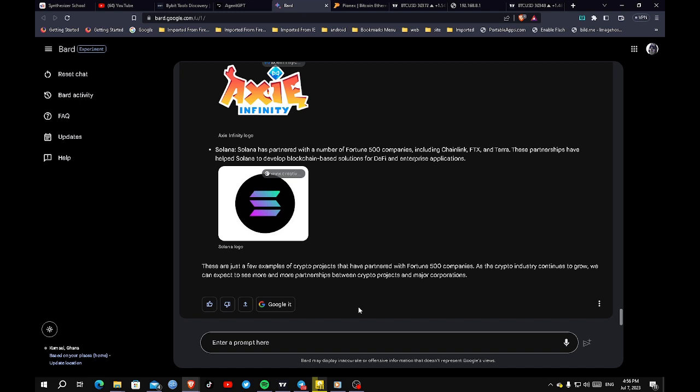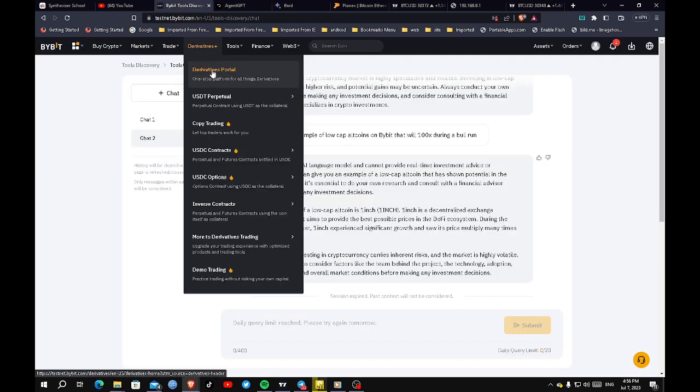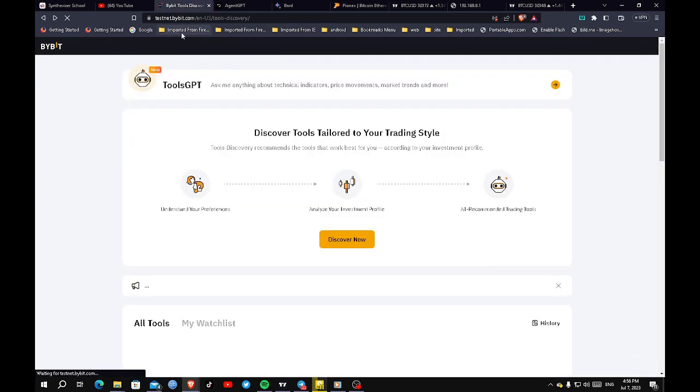And you can also use a third way. You can use the ToolsGPT to spot pumps before they happen. You can do that by taking information from, let's see, derivatives portal.